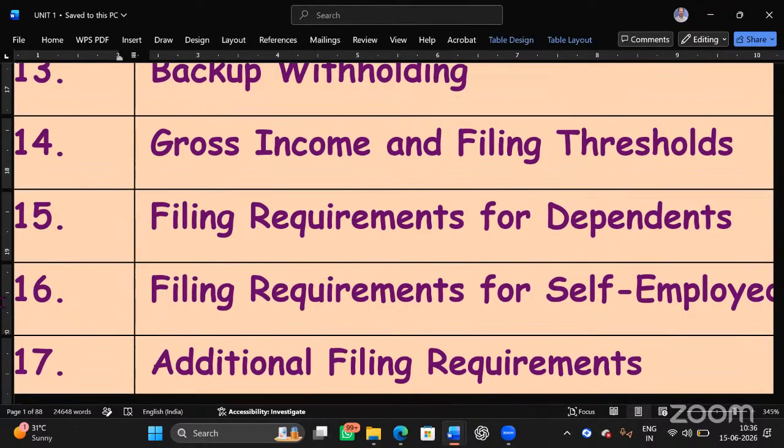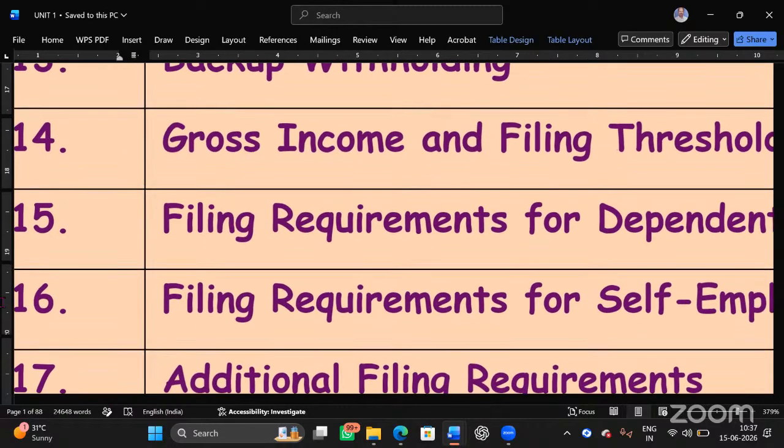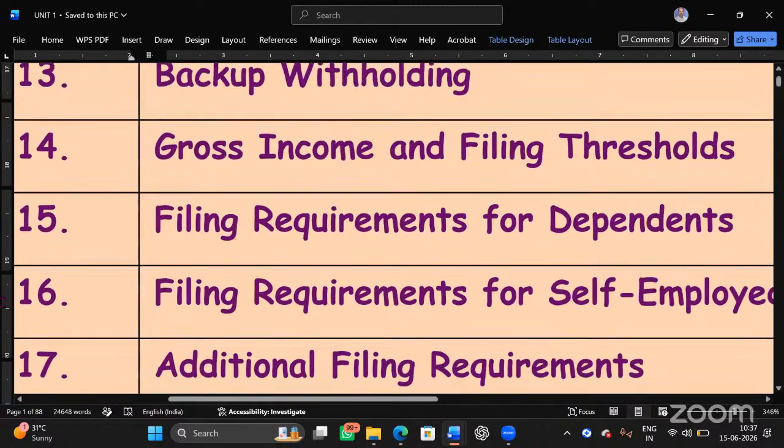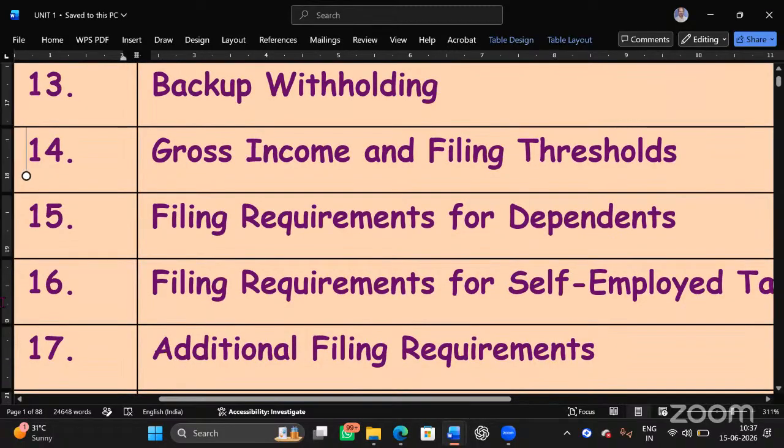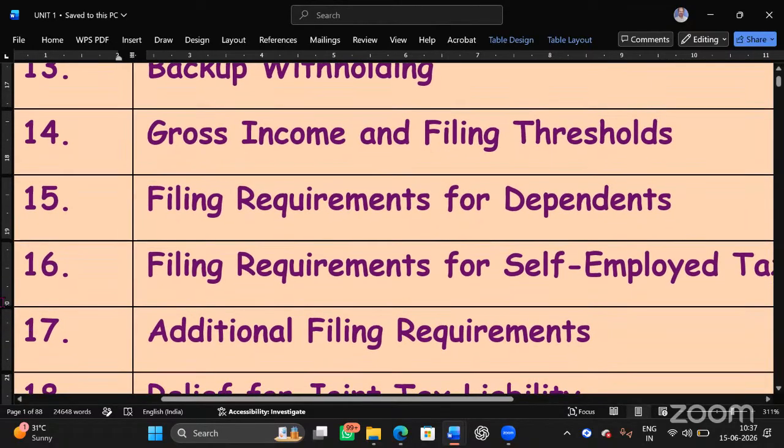If any taxpayer is supporting any dependents, obviously the taxpayer gets tax benefits, and the tax burden will be reduced. But who is a dependent? What is the criteria to be satisfied to treat someone as a dependent? Everything will be covered in subtopic 15.